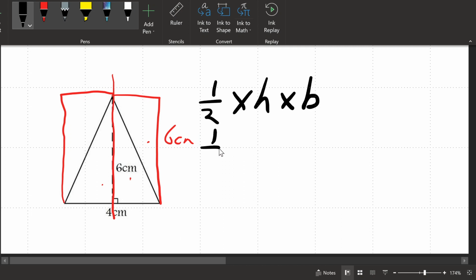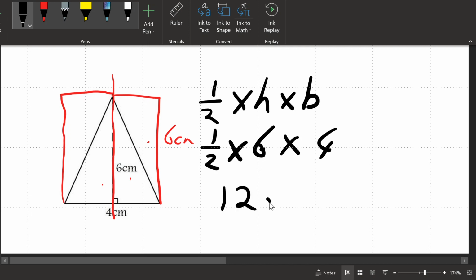So 1/2 multiplied by 6 multiplied by 4. So together, that all comes out to, I believe, 12 centimeters squared. Fantastic. Okay, so we know it for a right angle triangle. We know it for what is just a kind of standard regular triangle.